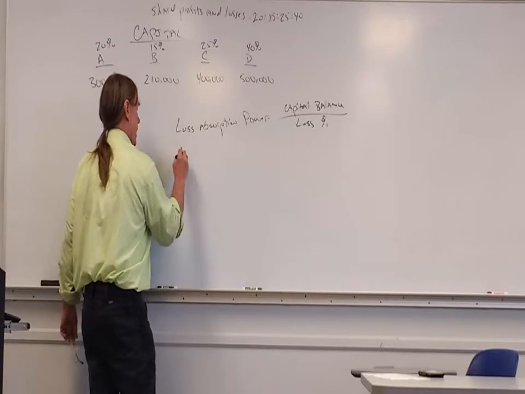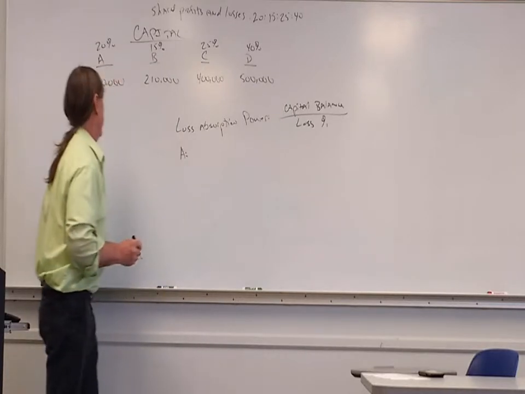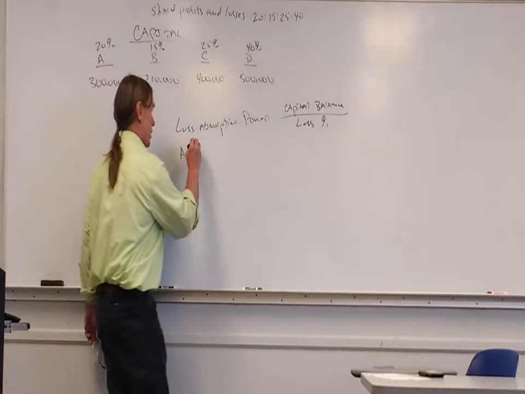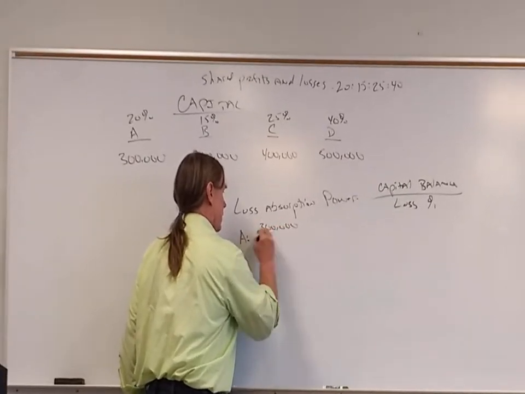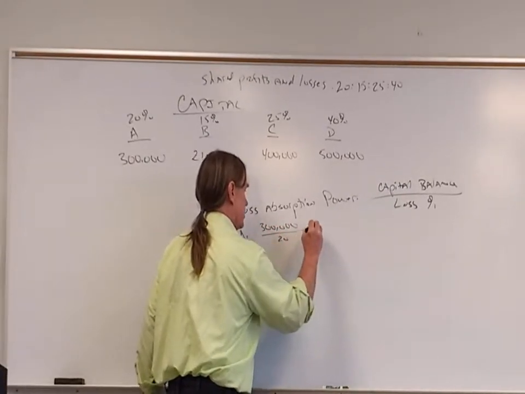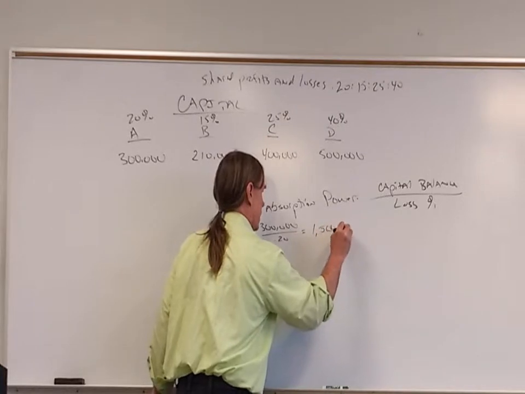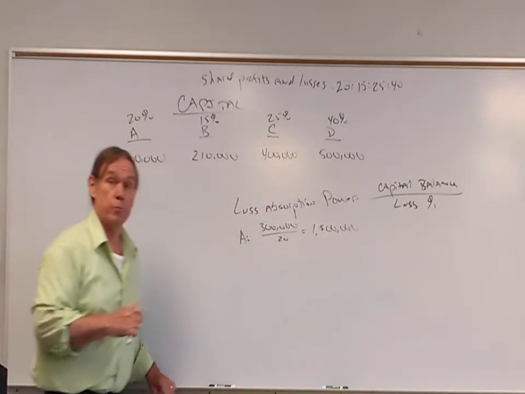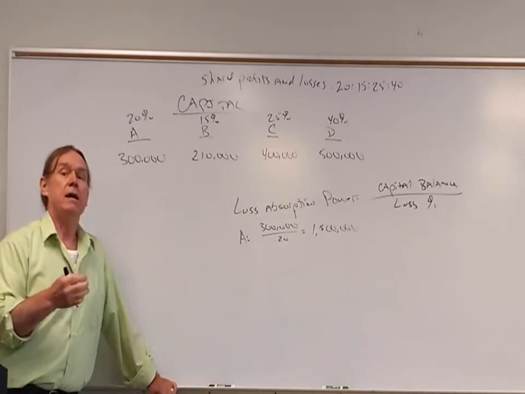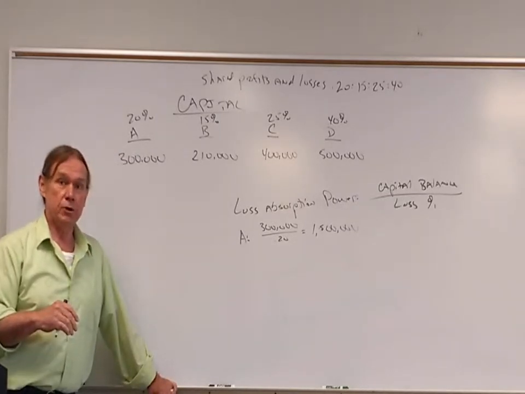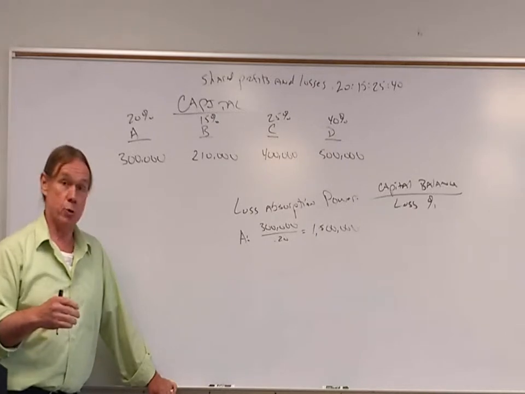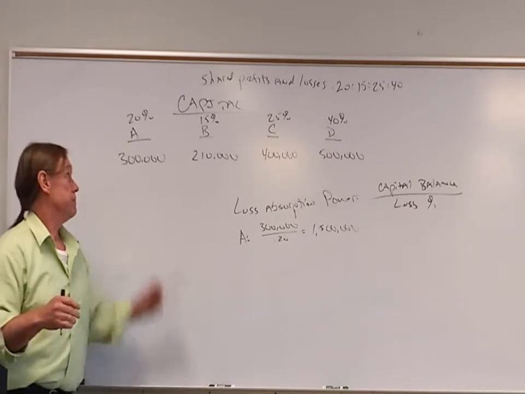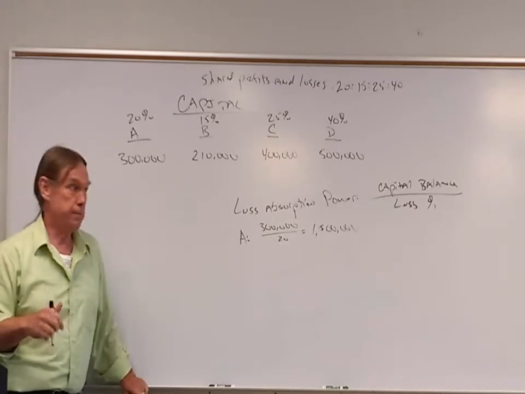So partner A has a capital balance of $300,000. They bear 20% of any losses. So partner A has a loss absorption power of $1.5 million. That means that if there's a $1.5 million loss, partner A would bear 20% of that, or $300,000, and that would wipe out partner A.